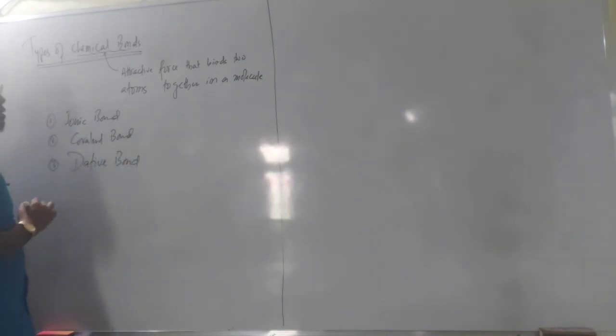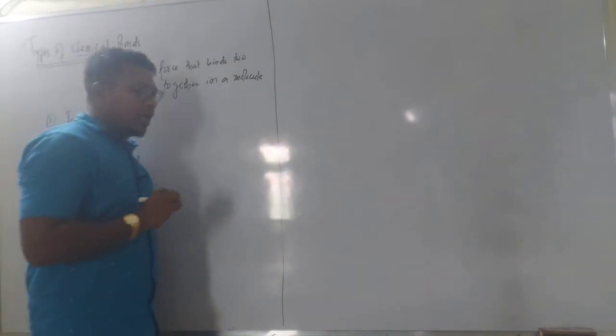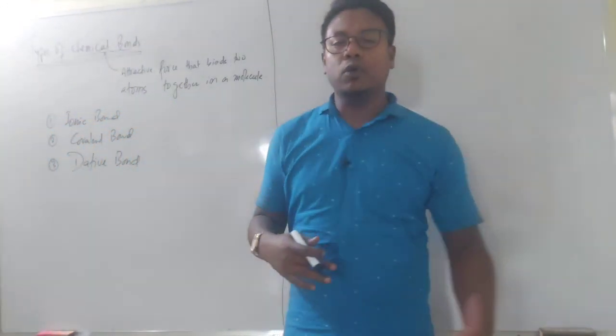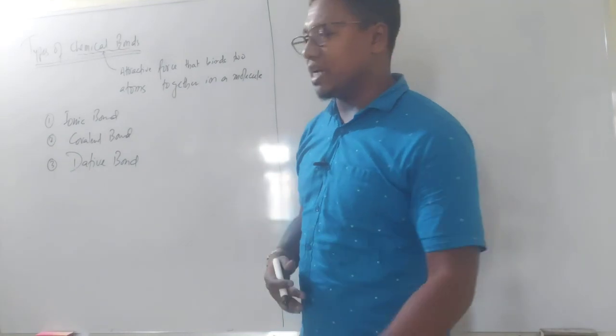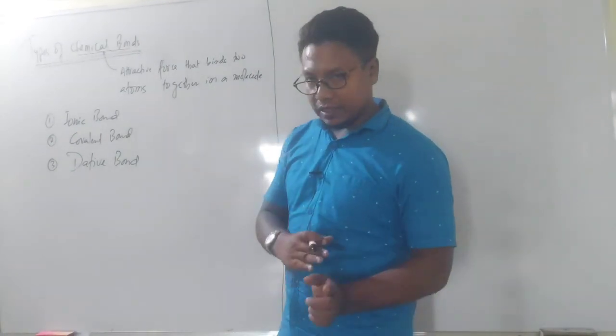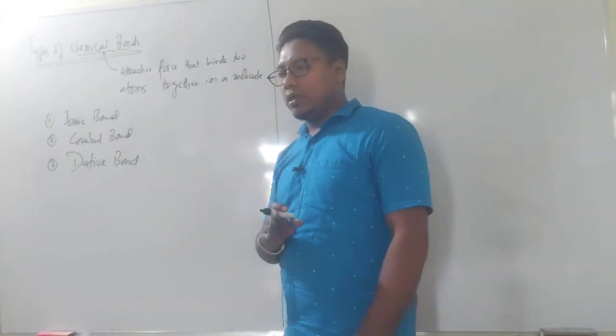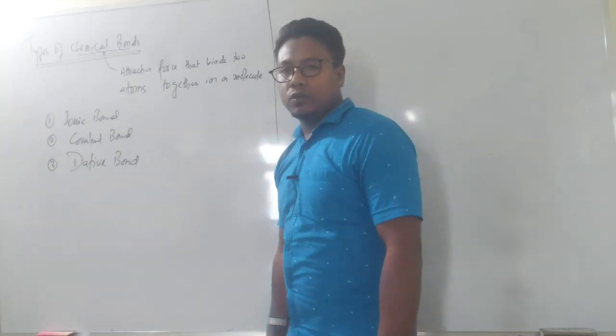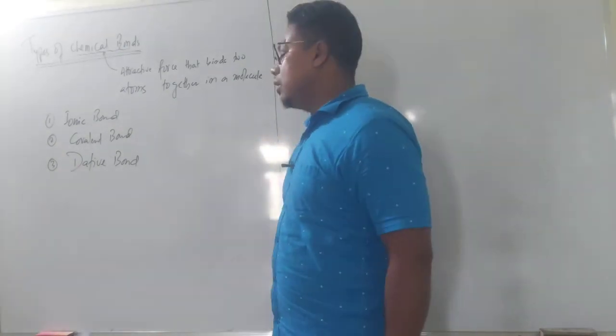So what is an ionic bond? Ionic bond is that chemical bond which is formed by the complete transfer of electrons from one atom, which is generally a metal, to another atom which is generally a non-metal.